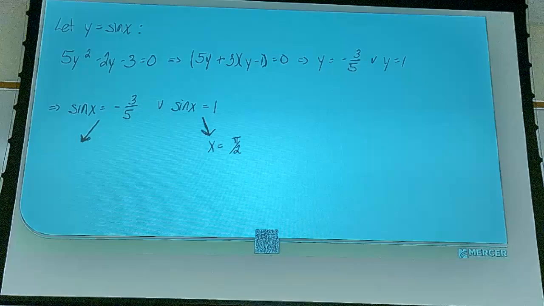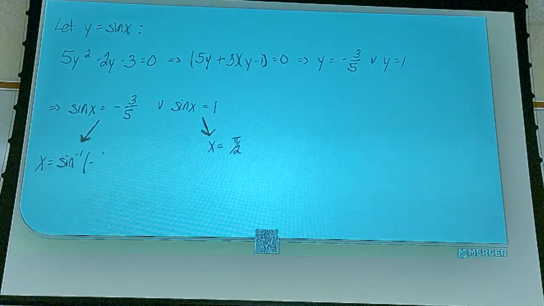That would mean our quadrant 4 angle is the inverse sine plus 2 pi.